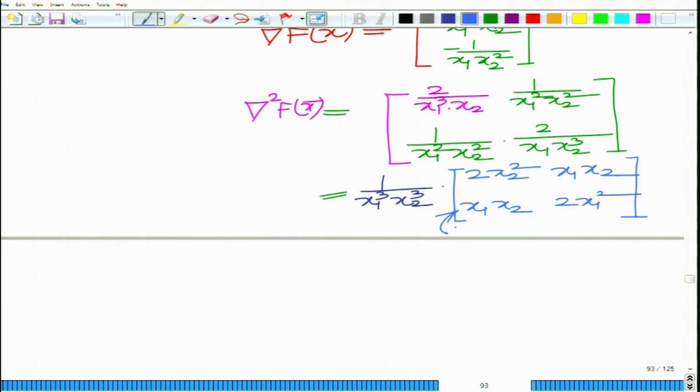Now, we want to ask the question, is this Hessian matrix positive semi definite?